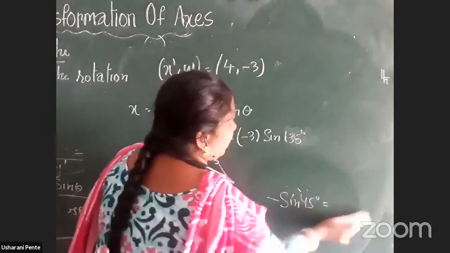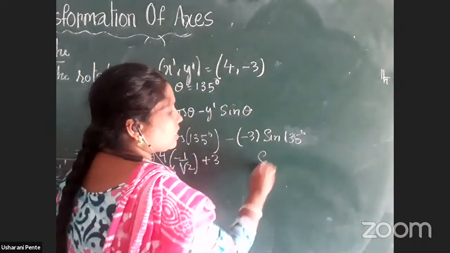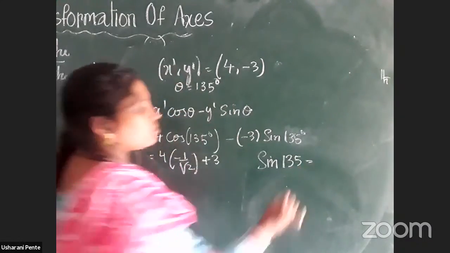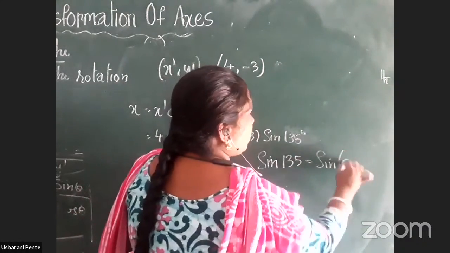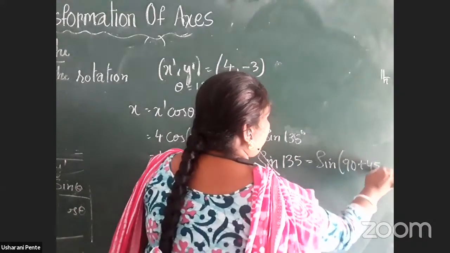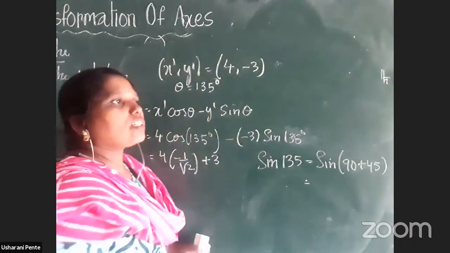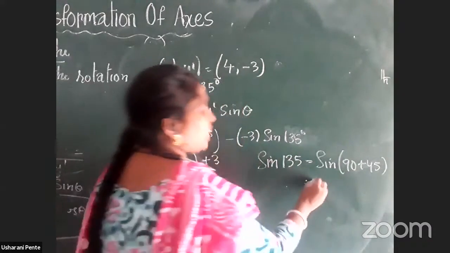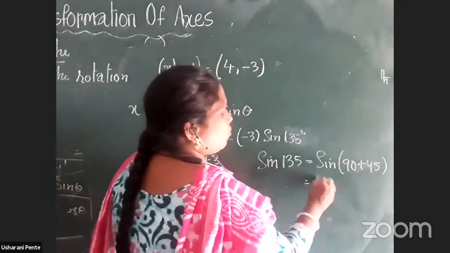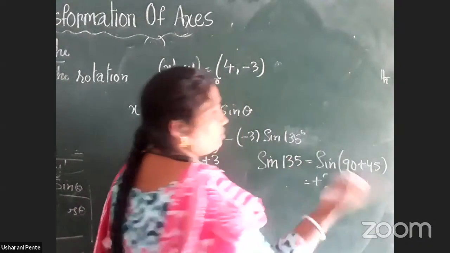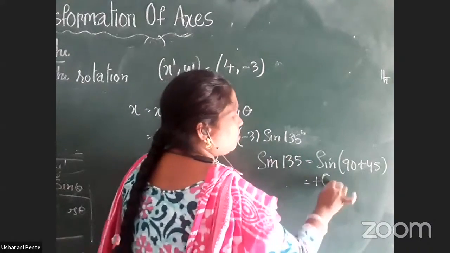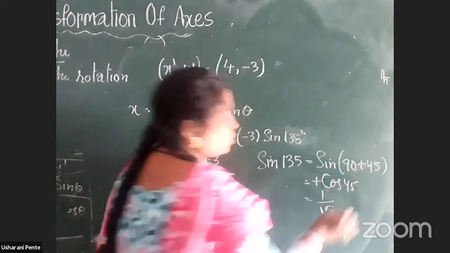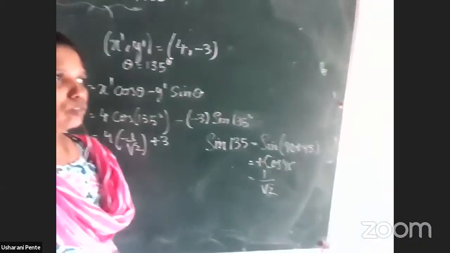How can we find sin 135? Sin 135 is sin of 90 plus 45. This lies in the second quadrant, where sine is positive. Since it is 90 plus theta, sine will change to cos 45, and we know cos 45 is 1 by root 2.